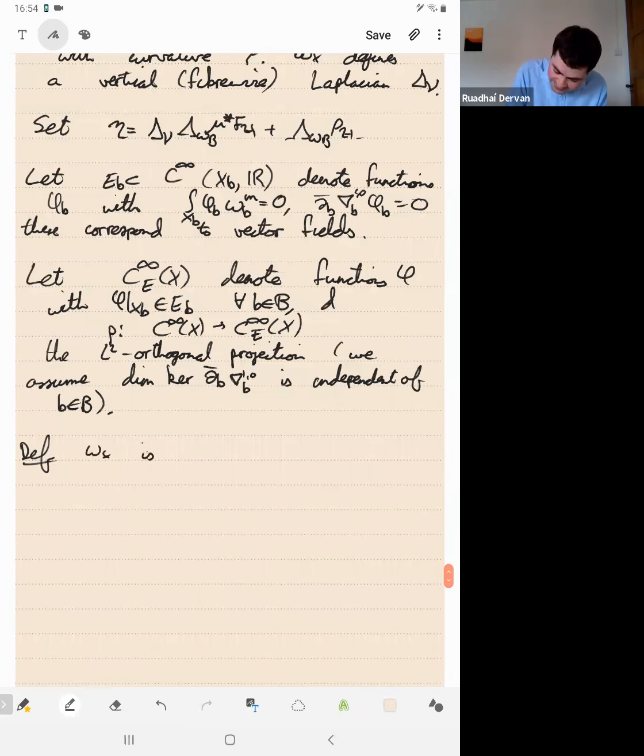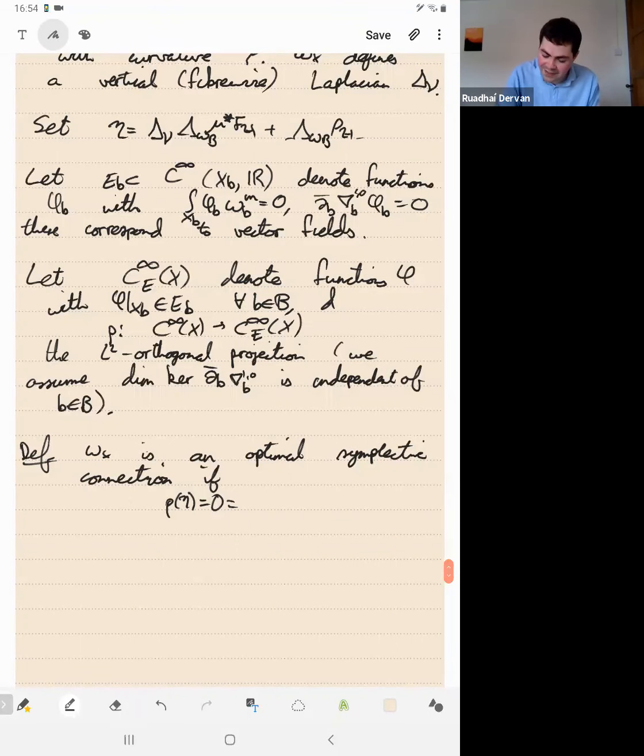So omega X is an optimal symplectic connection if P of eta is equal to 0. But we'll recall that P of eta, this form eta, is asking that the projection of this function which involved various curvature operators is 0.